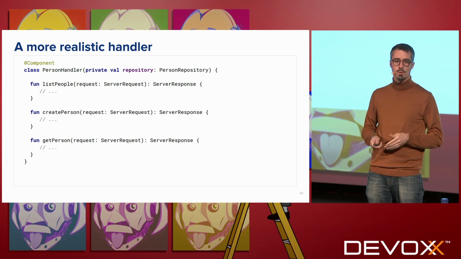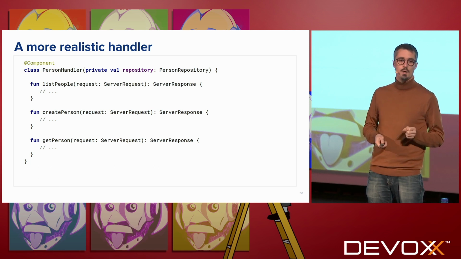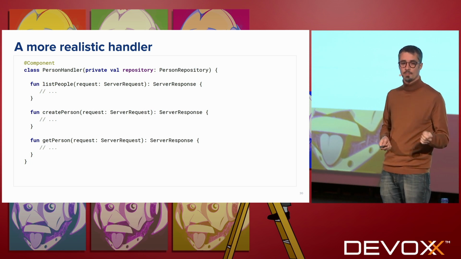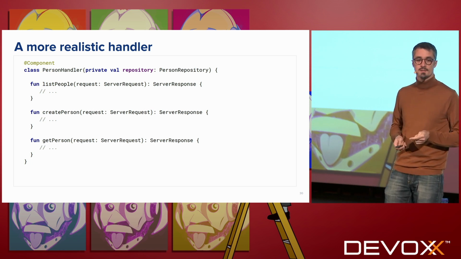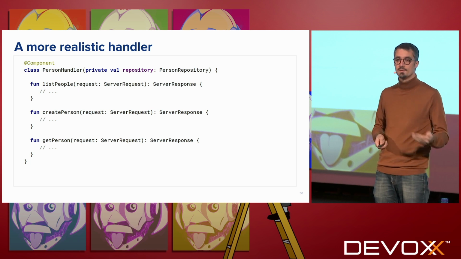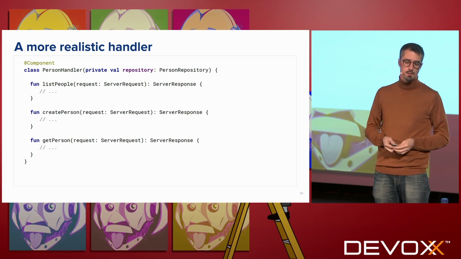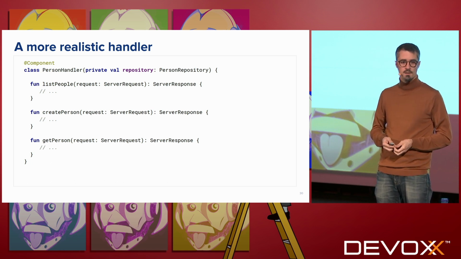If we write a more realistic example, what you will do is create a handler class annotated with @Component. You will inject, for example, a repository or a service. In Kotlin, we really favor constructor-based injection. I mean, in Java, we try to favor it, but a lot of people still use other kinds of injection.